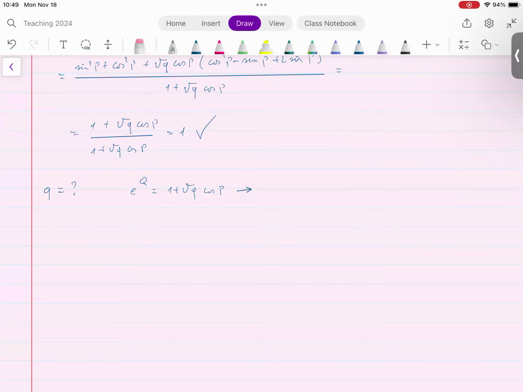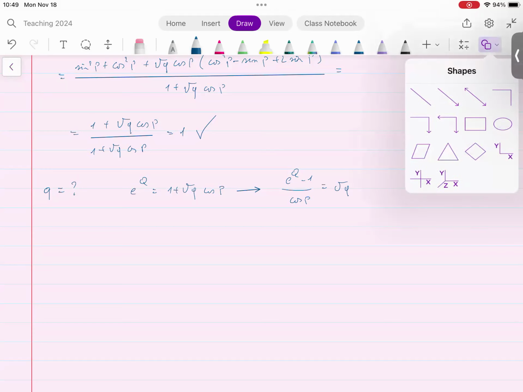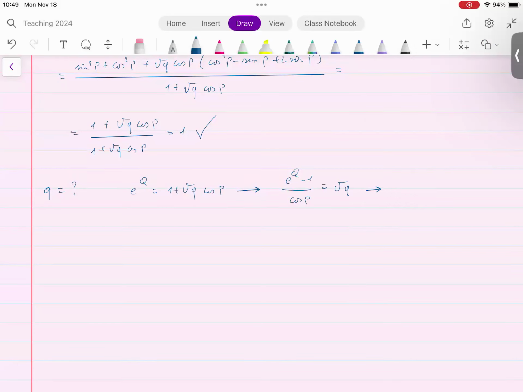And from here, it's pretty straightforward. e to the q minus 1 divided by cosine of p is equal to the square root of Q. So that Q is equal to e to the q minus 1 divided by cosine of p, squared.